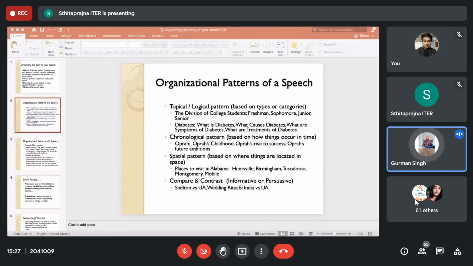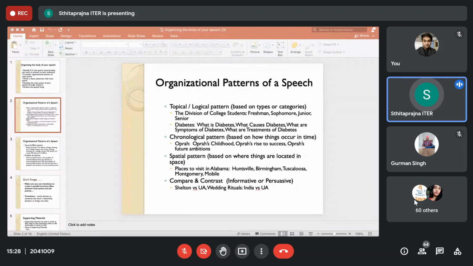Places to visit in Alabama: Huntsville, Birmingham, Tuscaloosa, Montgomery, and Mobile. Yeah. Thank you, Gurman. Yes.